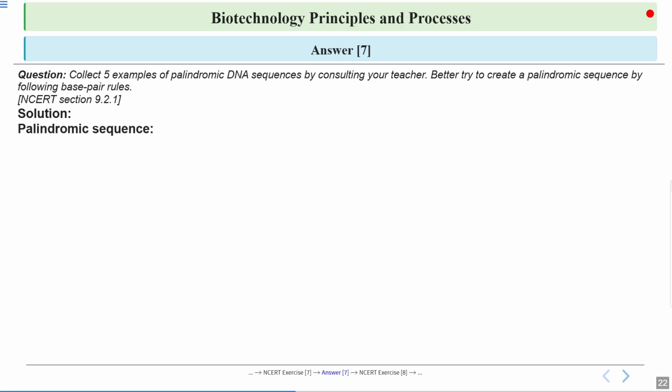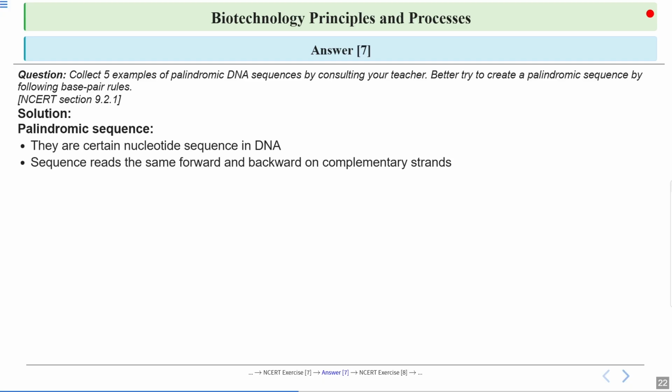Palindromic sequence. Let us understand this. There are certain nucleotide sequences in DNA, and these sequences read the same forward and backward on the complementary strand. Now you all know that there are two strands in the DNA, right? The one that runs 5 prime to 3 prime and another that runs 3 prime to 5 prime in the opposite way, and they are complementary to each other, right?